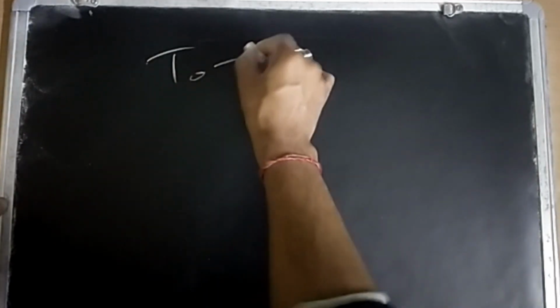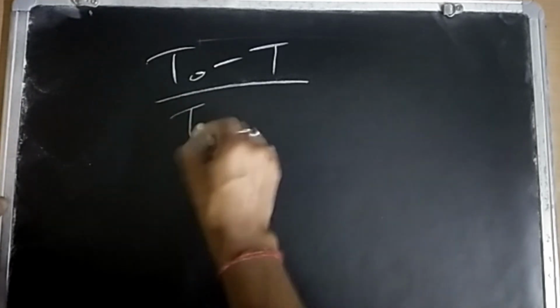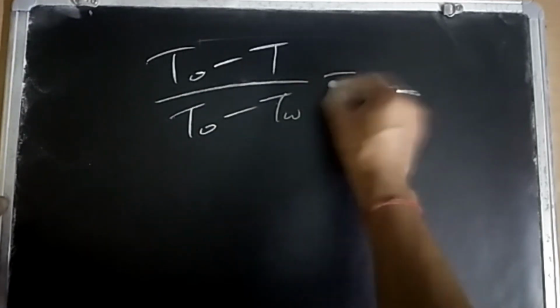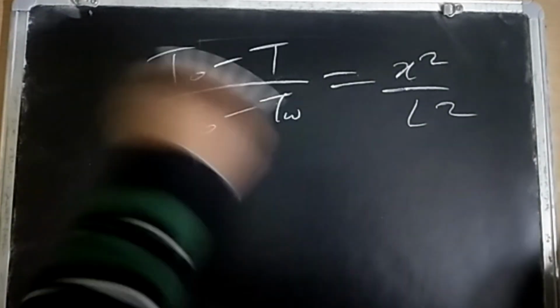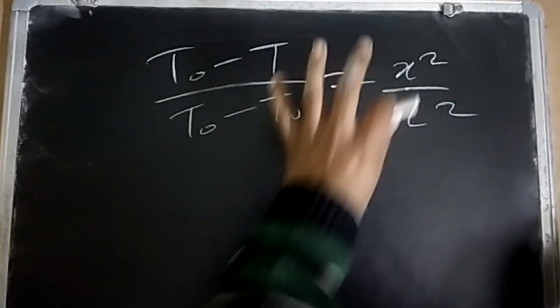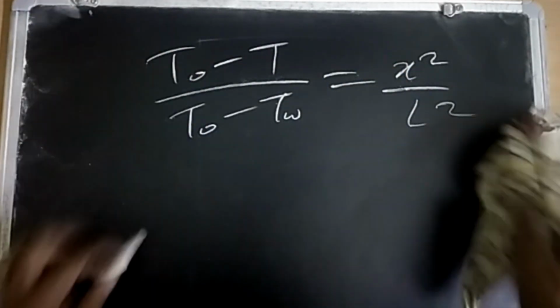And in case you want to learn that also for heat generation, then it is (T0 minus T) by (T0 minus Tw) equal to x square by L square. The solid cylinder and the solid wall are kind of the same, just with x and L. And this is the ratio, T0 minus T.